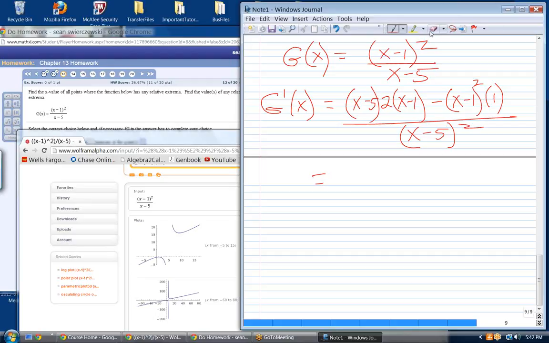Now let's see. Get rid of that. We could factor out. You almost always can factor out something. X minus 1. You can get rid of the x minus 5. Not really, because this is only in the left term up here. It's not all the way across, so I can't cancel it immediately.